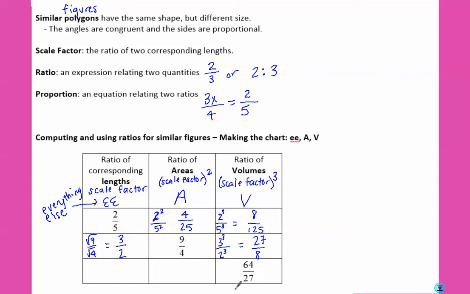Similarly, if we're given the ratio of volumes, we have to go back to scale factor first. Since we cubed to get the volume, we would cube root to go back to scale factor.